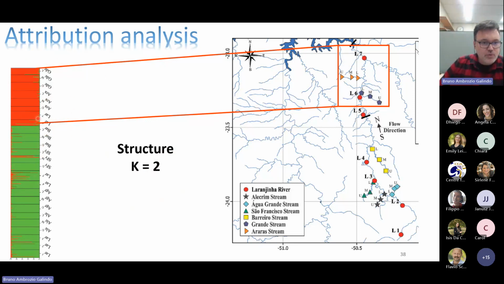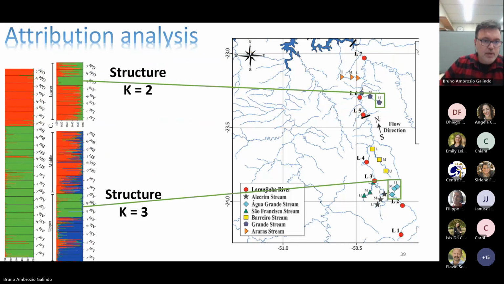So this red population is the lower part of the river and its streams, and the green part is the middle and higher part of our basin. But we can go further and rerun the attribution analysis just separating these individuals.